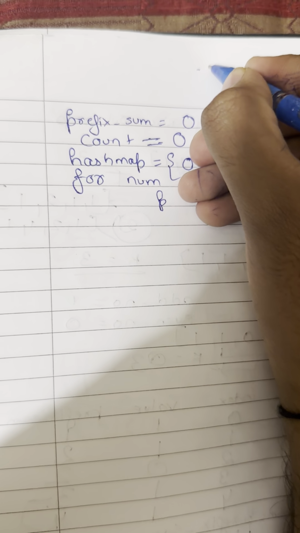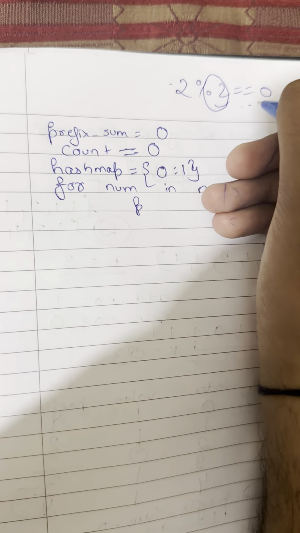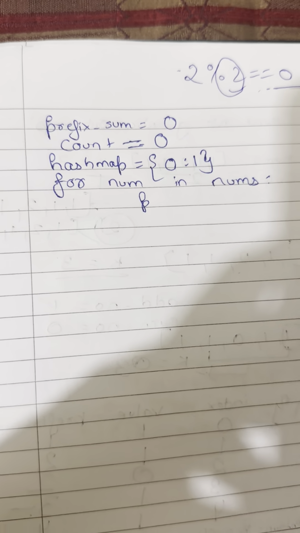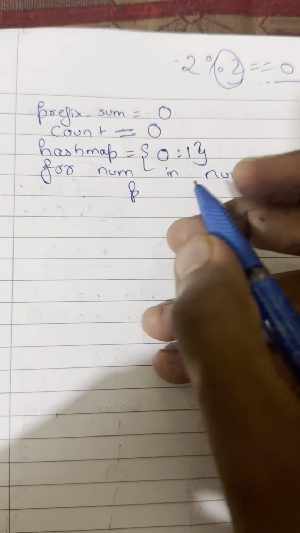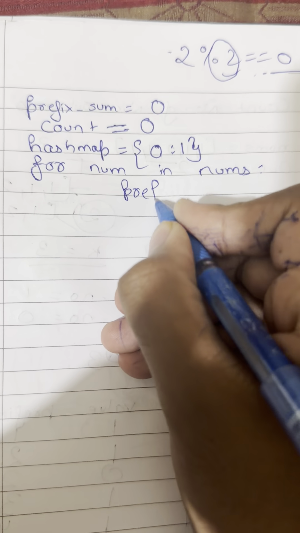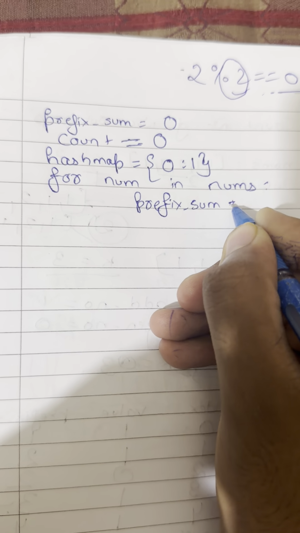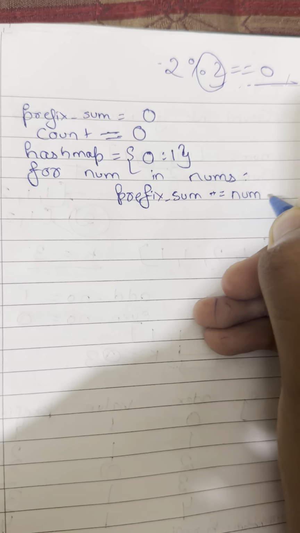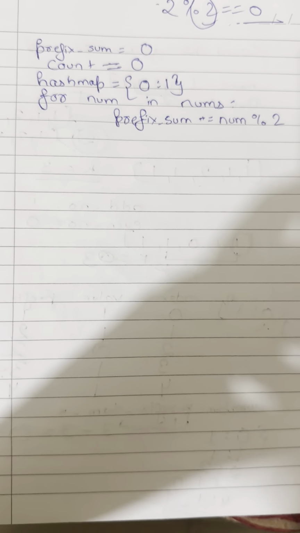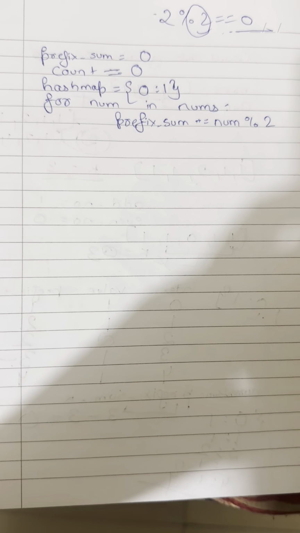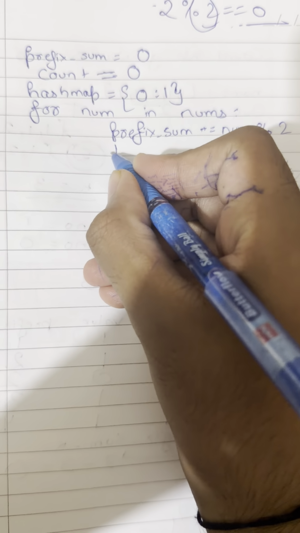We could check num % 2 equal to 0, meaning the number is divisible by 2 with remainder 0, then it's an even number, otherwise it's an odd number. So we can directly write prefix sum plus equals num % 2, because in the end we only have to add up the sum. So we will do this.